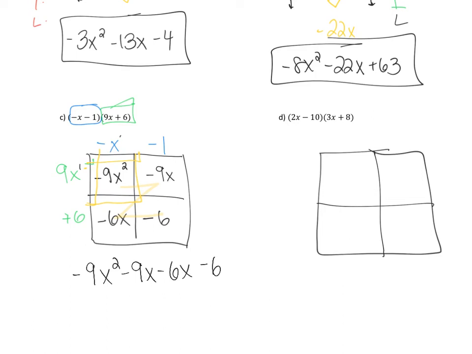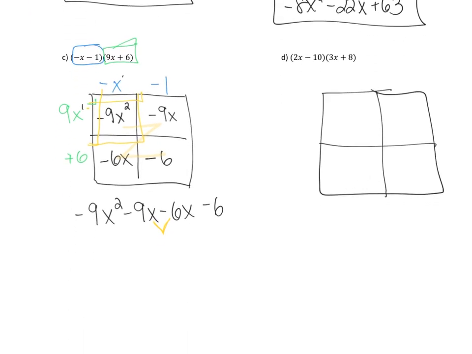And then all I need to do is combine my like terms here. When we have two negative numbers, what you could do is add them and keep the negative. So 9 plus 6 is 15, but we need to keep the negative.